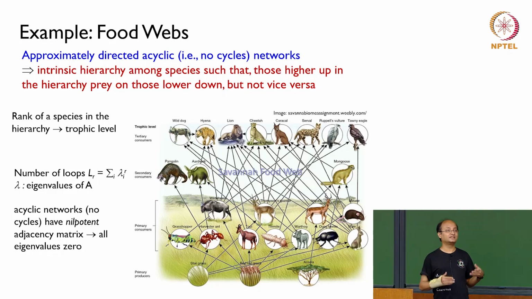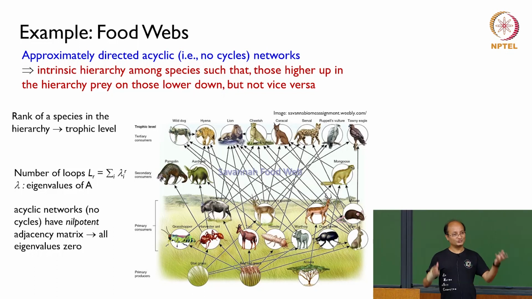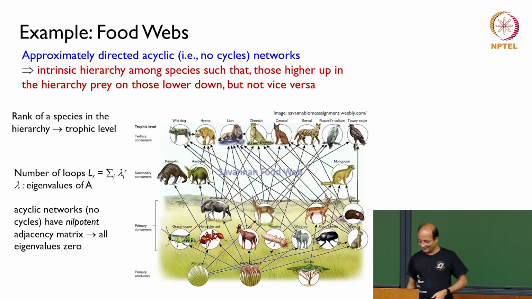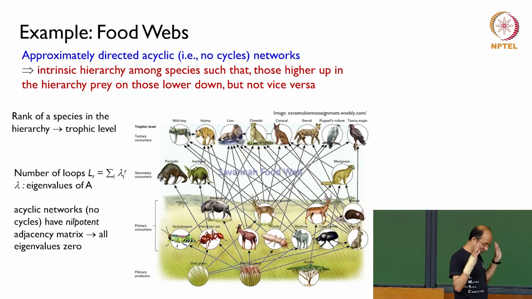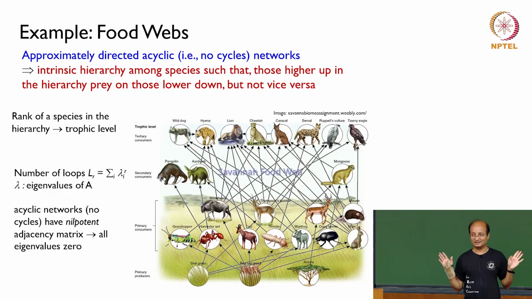So primary consumers eat plants, and then you've got secondary consumers, those who eat the plant eaters. Then you've got tertiary consumers, and so on. Okay. So again, most of the interactions are between successive layers. Okay. So I mean, omnivores like humans are an exception.